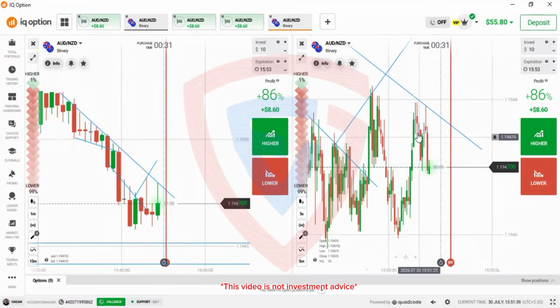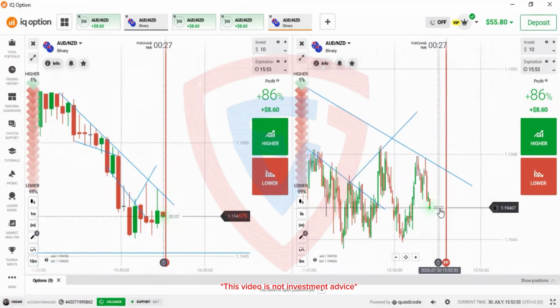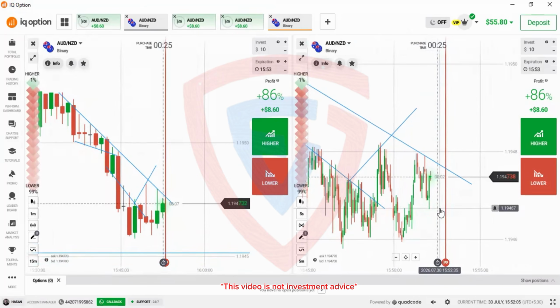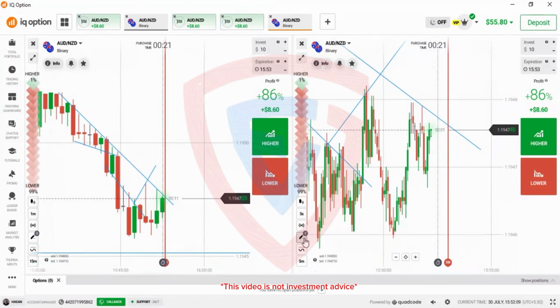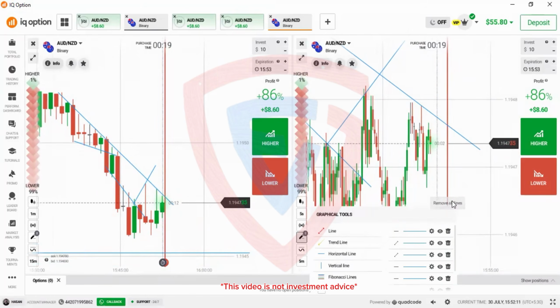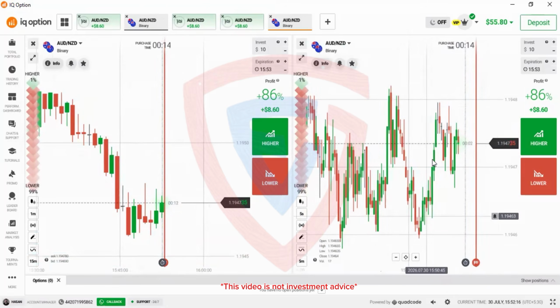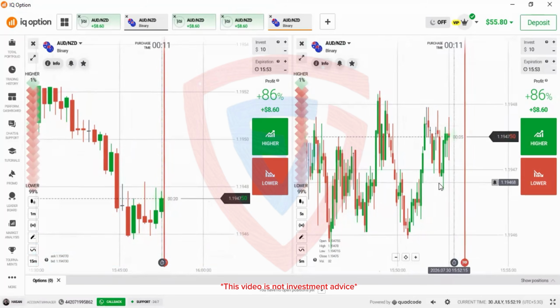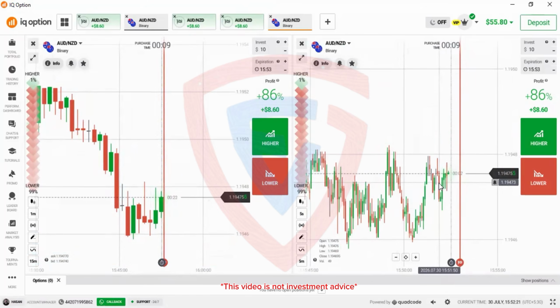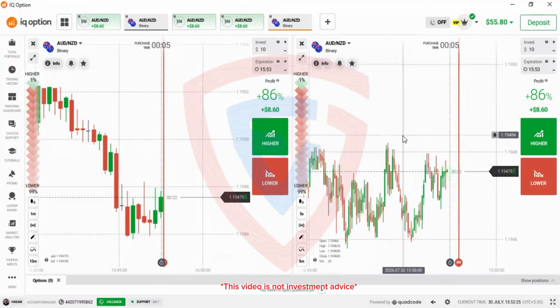So it failed to make new high. So it made a new high, but here it failed to make new high. So it is a consolidation area. I will try to wait for one more candle.